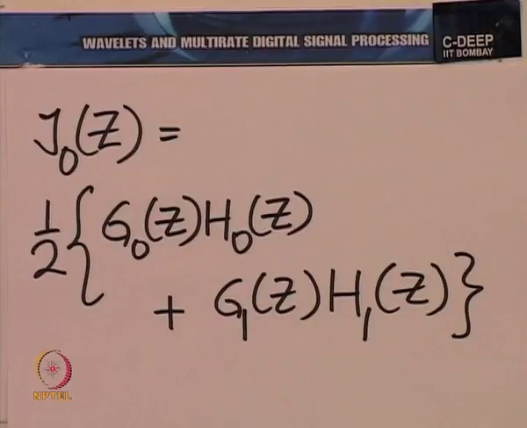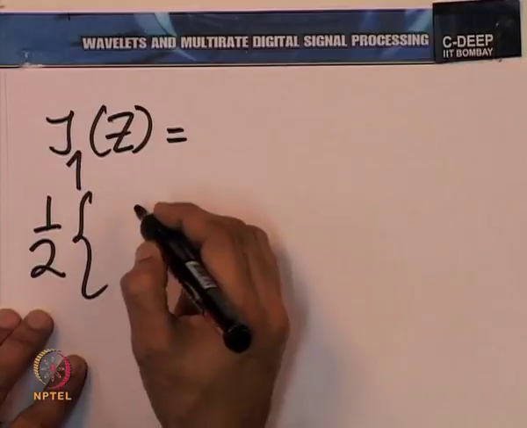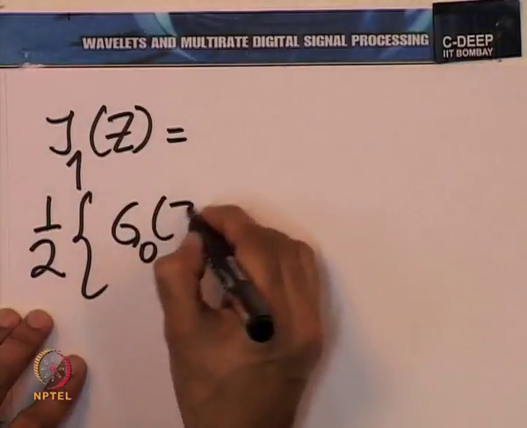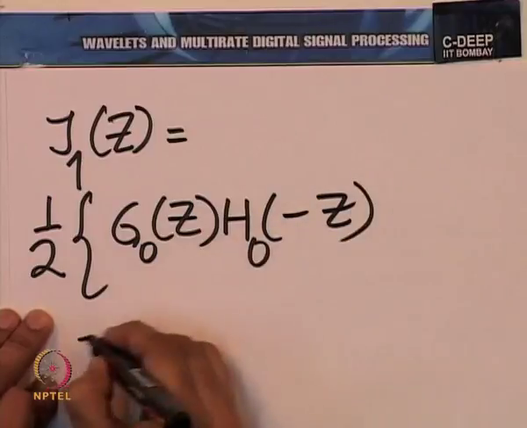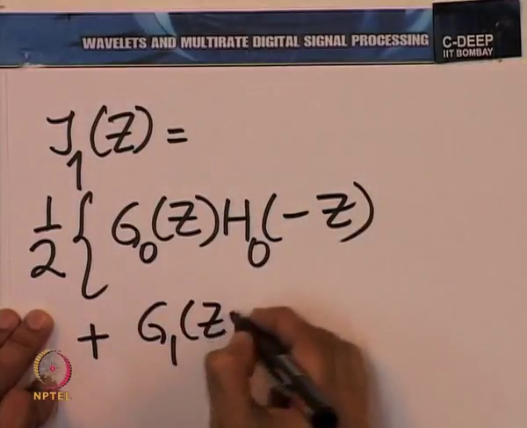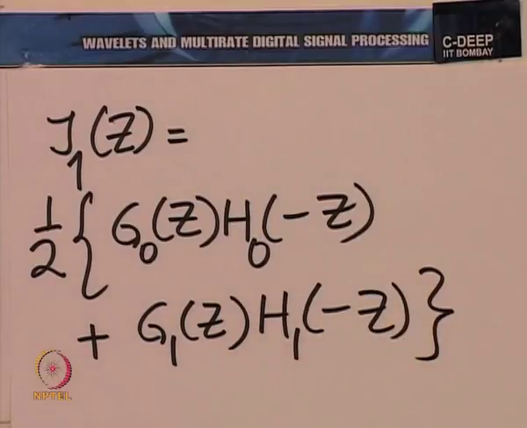So, I would not actually do all the steps, I am sure all of you can do them. And now, we write tau1(z) as well. So, tau1(z) would be G0(z)H0(-z) plus G1(z)H1(-z).